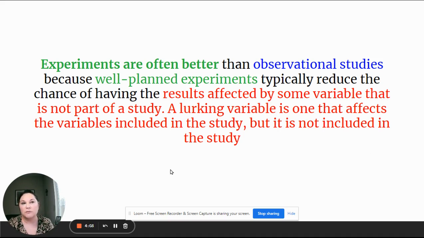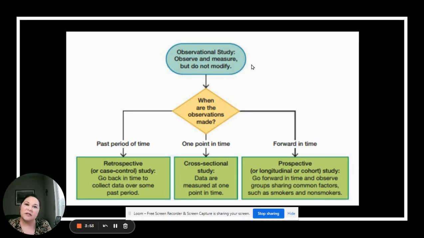And so they're often more controlled, and you're able to make better conclusions about the data that you collected. In an observational study, again, you're just making observations.